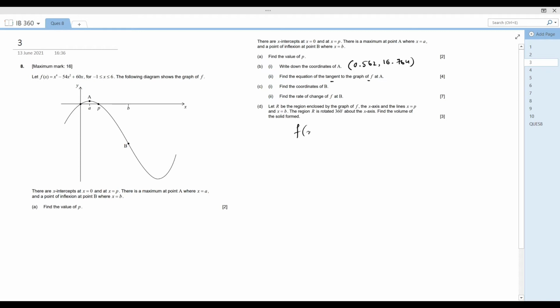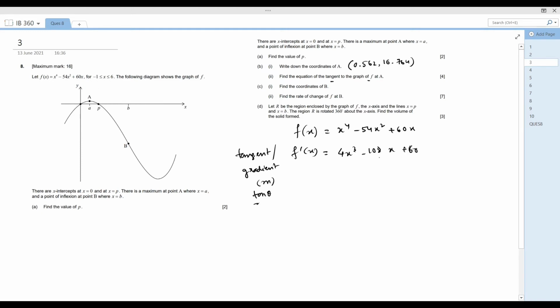So again, f of x equals x to the power 4 minus 54x square plus 60x. So tangent, that is f dash of x, tangent, or we can say it gradient, we can denote that as m, or we can denote that as tan theta. Any notation you can give. f dash x equals 4x cube minus 108x plus 60.